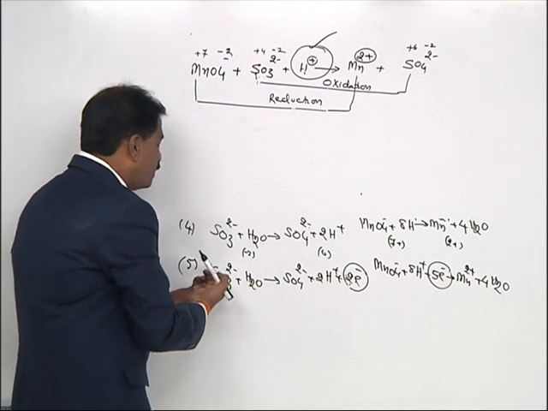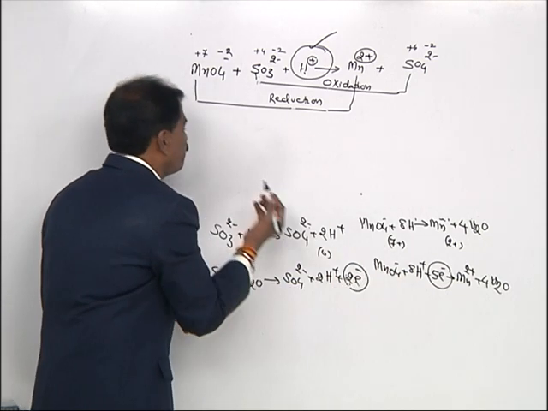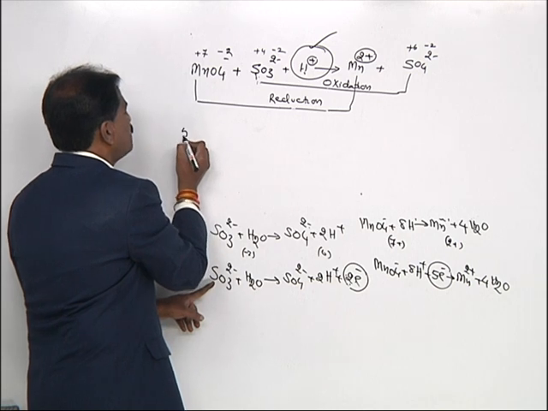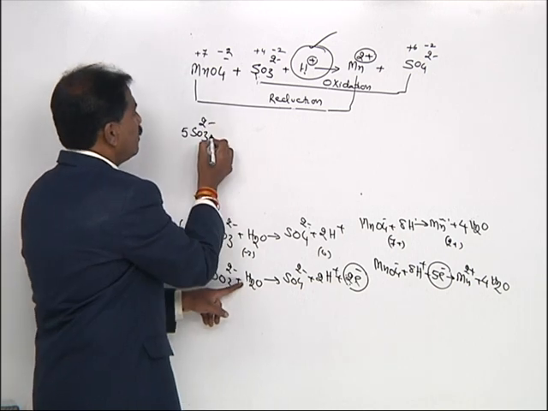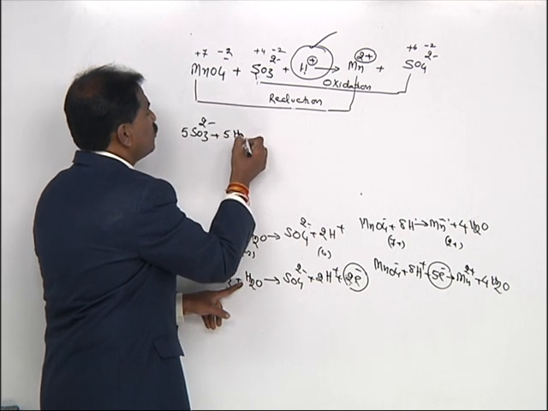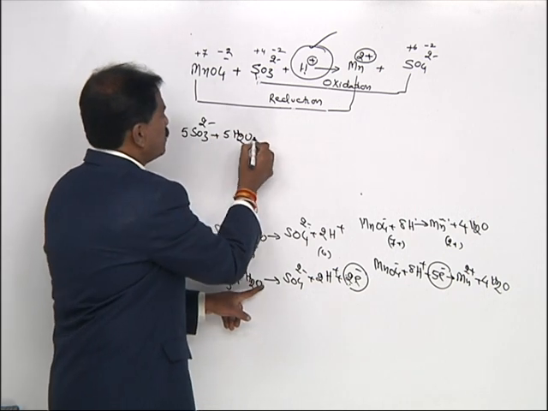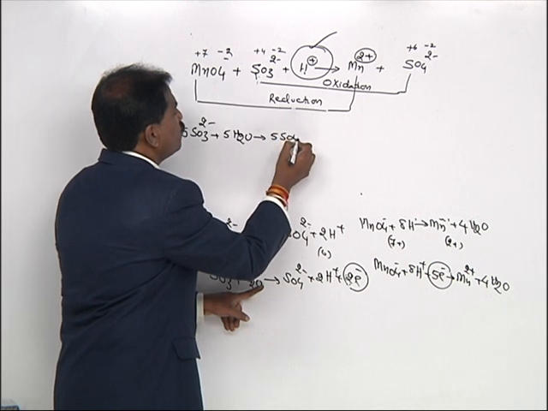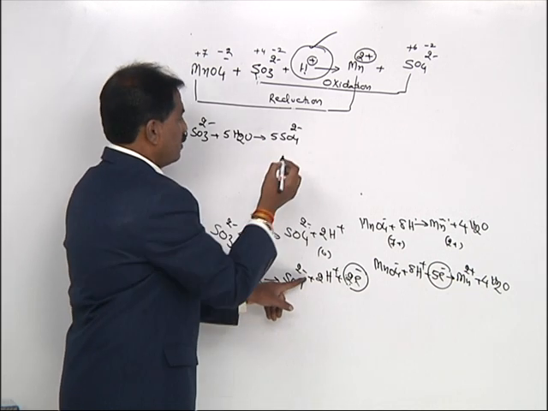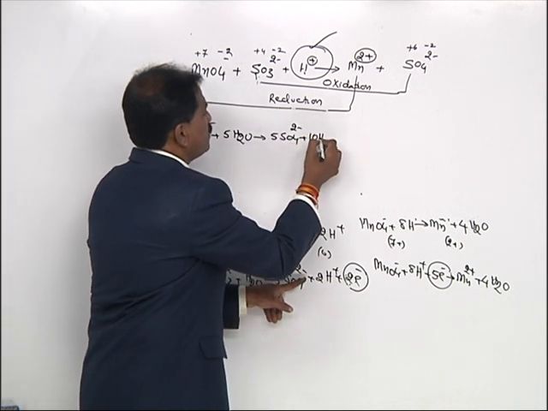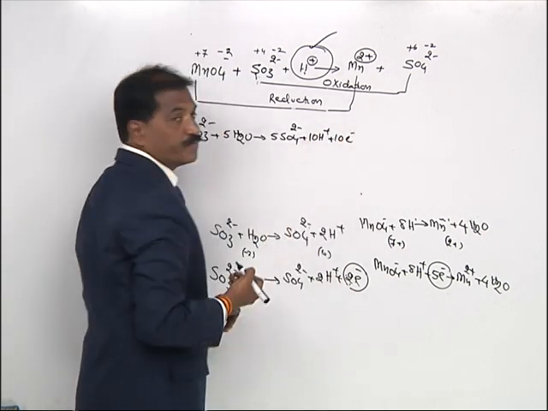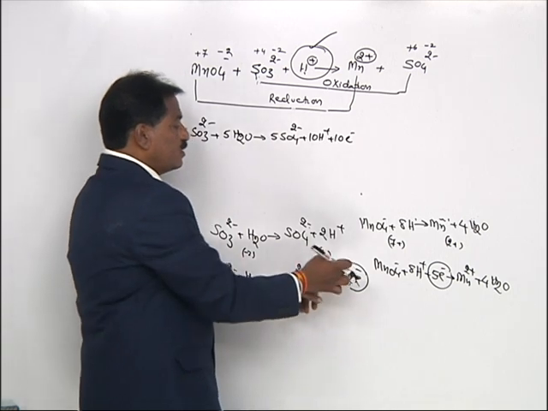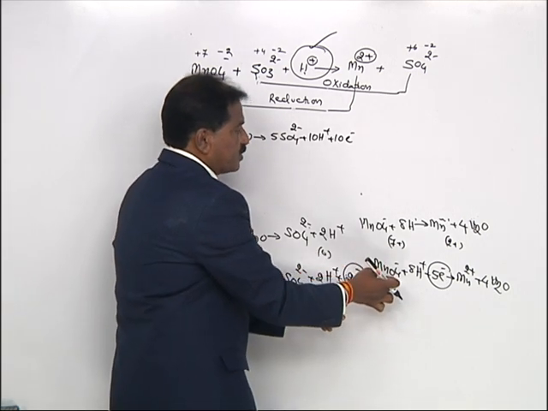Therefore first I multiply the first reaction with this 5. The reaction becomes 5SO3 2- plus 5H2O gives 5SO4 2- plus 10H+ plus 10 electrons. Similarly, with this number, you multiply the second reaction.